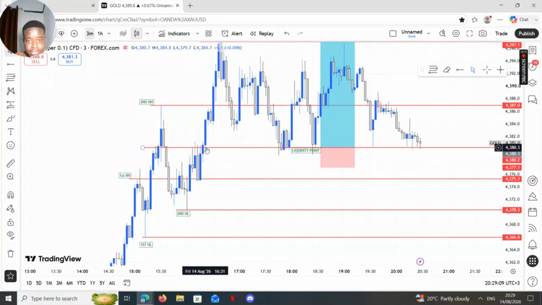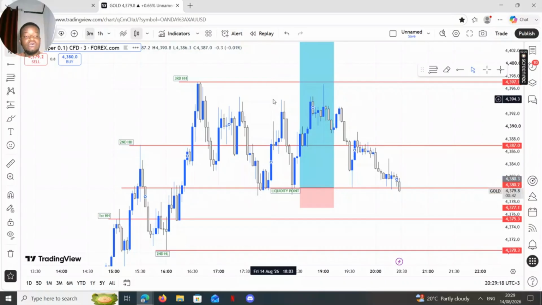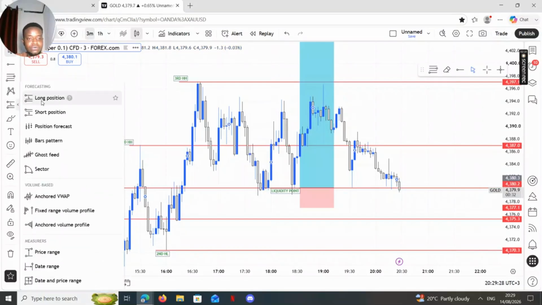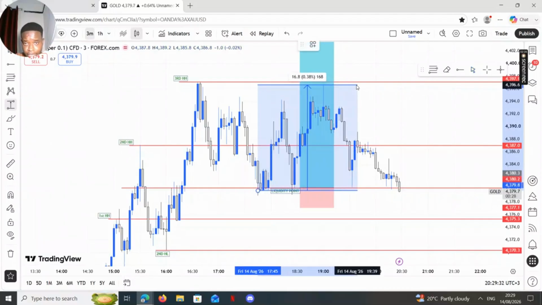Whenever we have this first touch and when price comes and forms a third higher high, I already knew that when price comes back to this particular point, then price will be forced to shoot up, to go upwards. And as you can see, price came back, retraced at that particular point, and then price bought at that particular point. You see, a beautiful trade of how many pips? Of 168 pips. So that was a very clean setup.